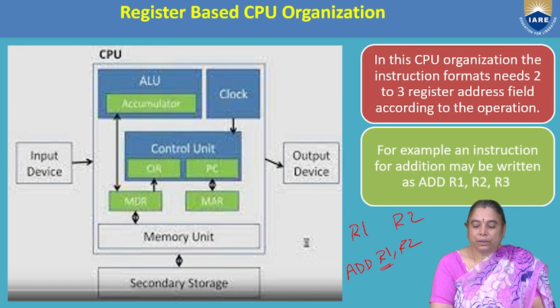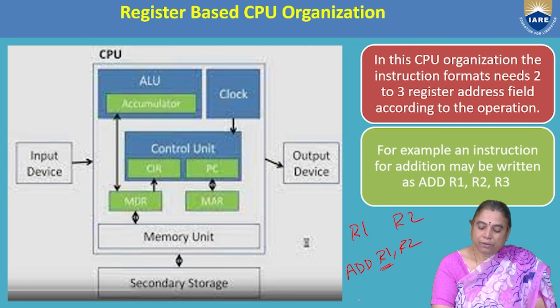For example, in a 3 address instruction, 3 operands can be specified. In this case, we can write ADD R3, R1, R2. The first and second numbers are added and the resulting sum is stored in R3.